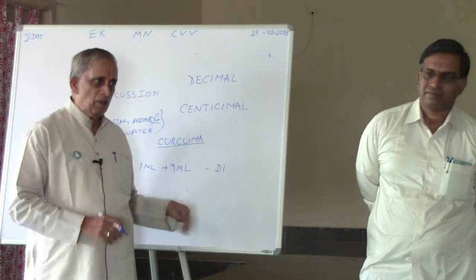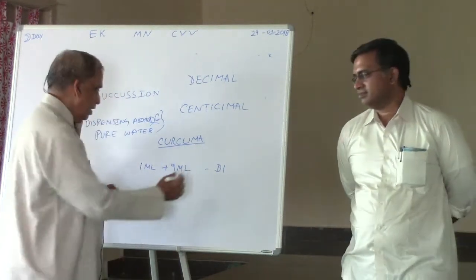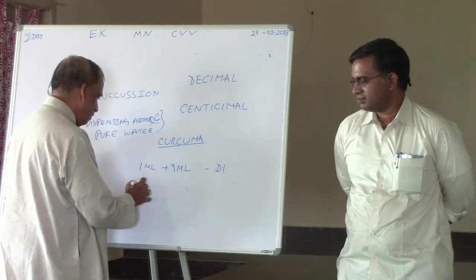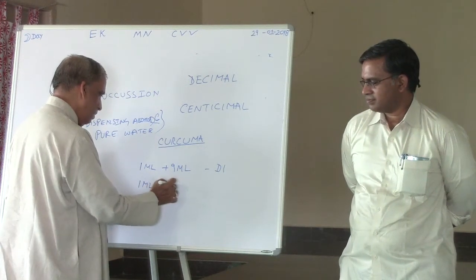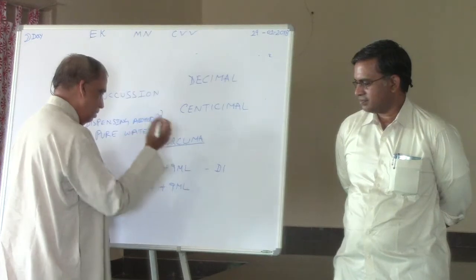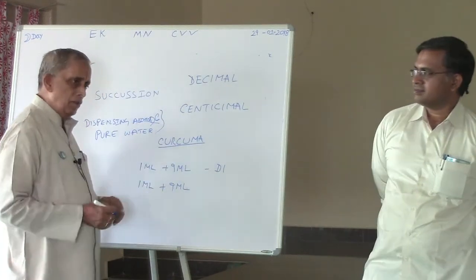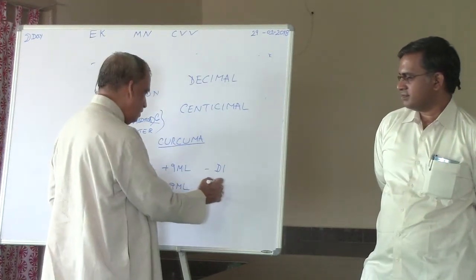So from D1 you can continue, you can take 1 ml of D1, again 9 ml of pure water or alcohol, then you get D2.